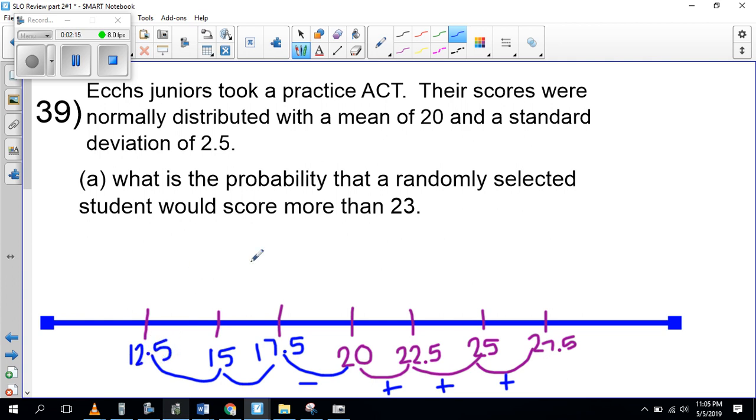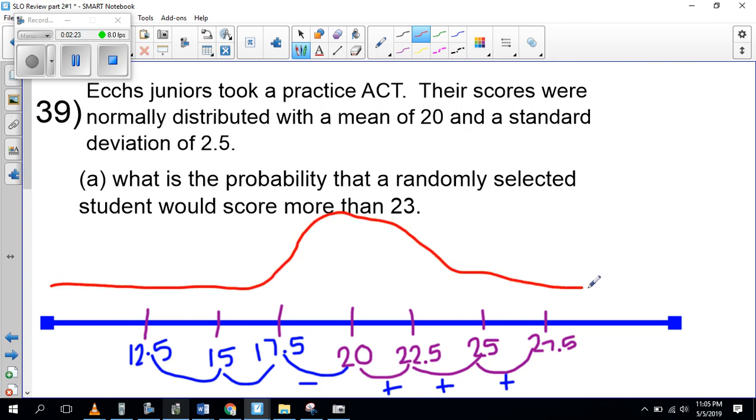Okay, let me do my little drawing, if I can get it correct. Okay, so I know this is my mean. And I'm going to put my percentages in here in a second because the percentages are very important. So here in the middle we should have 34.